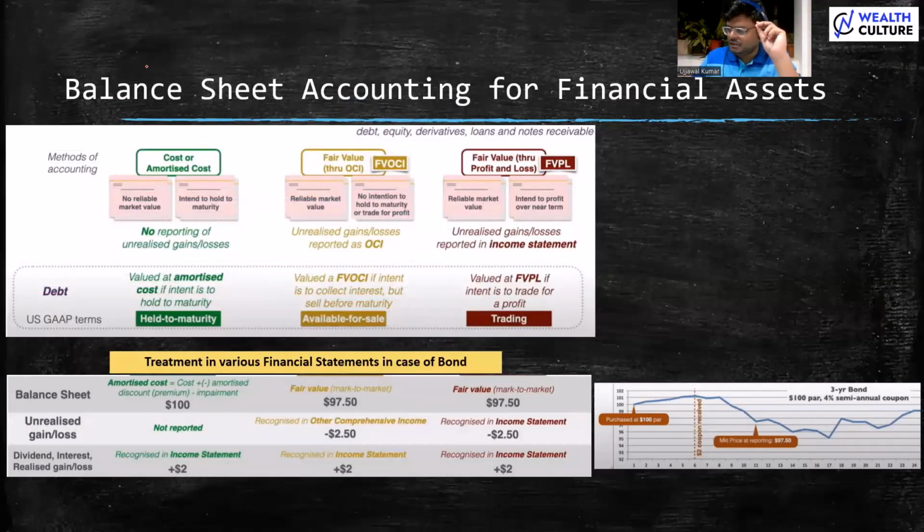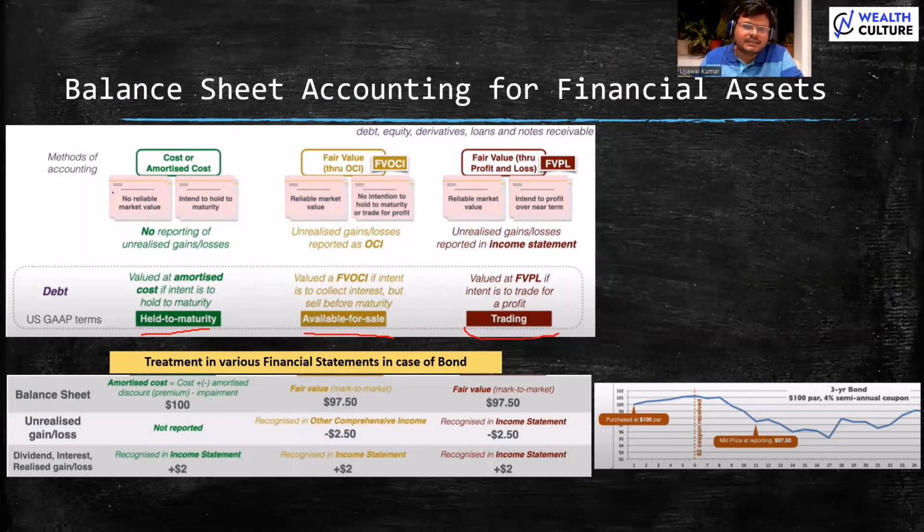Here we will cover some of the basics. So whenever you buy a financial asset, accounting says that you have to categorize it into three buckets. One bucket is called held to maturity, one bucket is called available for sale, and the third bucket is the trading bucket, right? And I will explain.